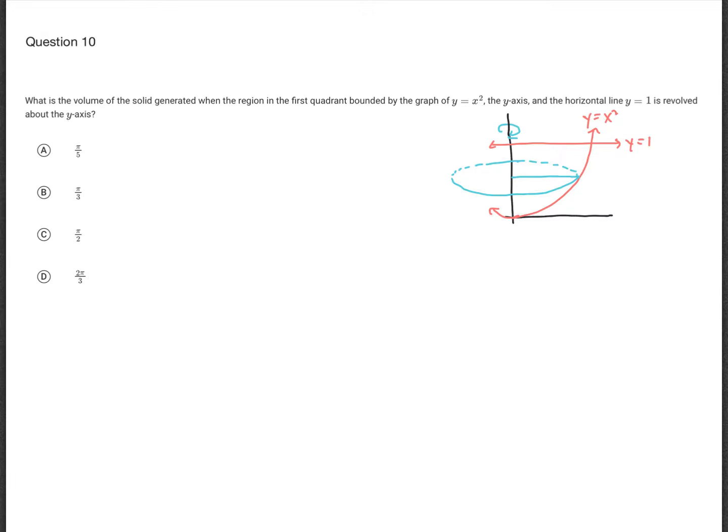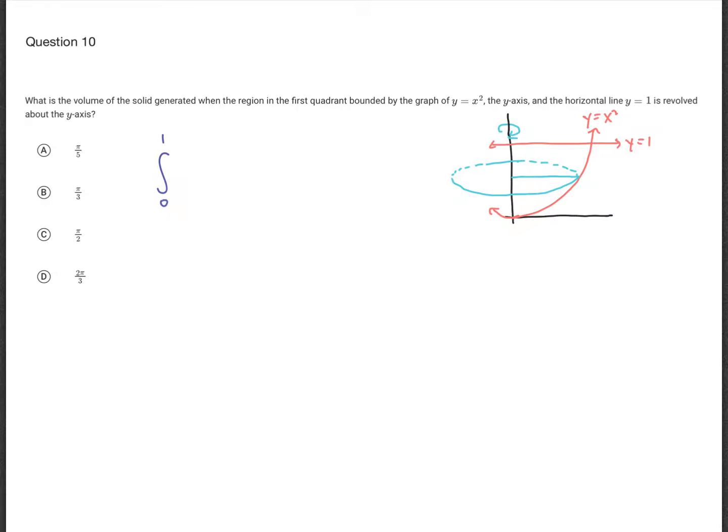Okay, so now we know we're going to integrate definitely from 0 to 1, because this region that we're revolving, in terms of y, goes from 0 to 1. Smallest y value 0, biggest is 1.